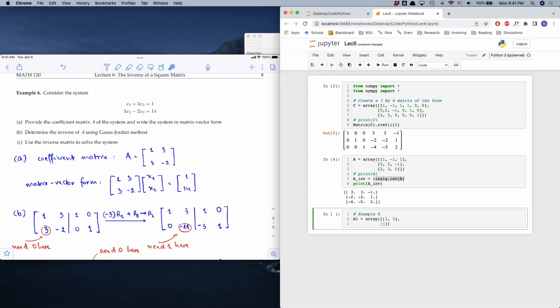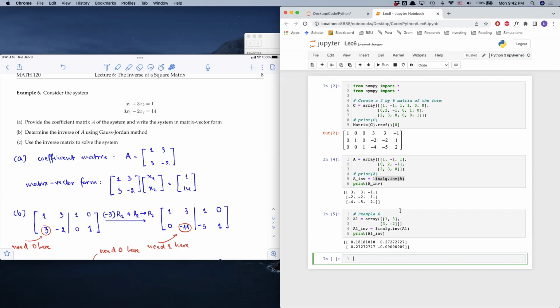The second row is 3, negative 2. And to obtain the inverse, A1 inverse is equal to np.linalg.inv of A1, and I'm going to print out A1 inverse.